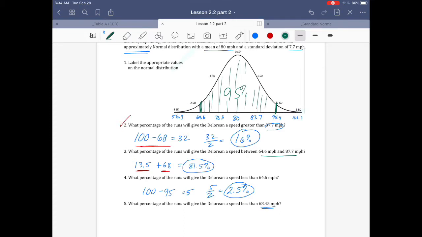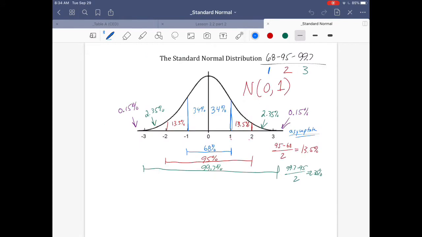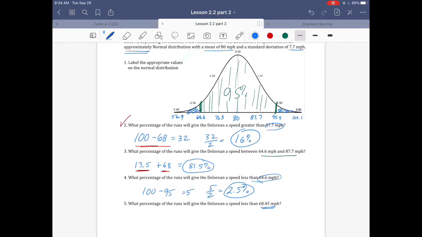And below 64.6 would be half of the leftovers, so that's where 5 divided by 2 equals 2.5% left. Again, same thing over here, 2.35 plus 0.15 also gives you 2.5%. So as usual, there's a couple of ways to go about any of these problems.